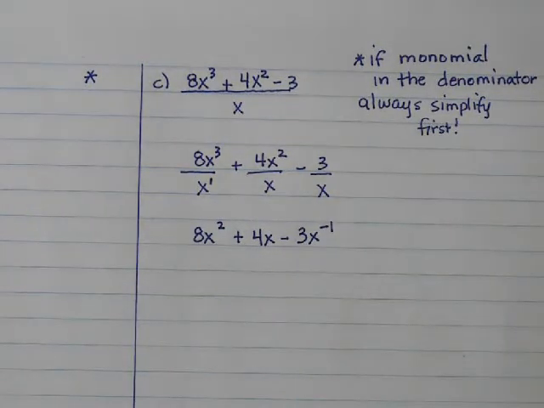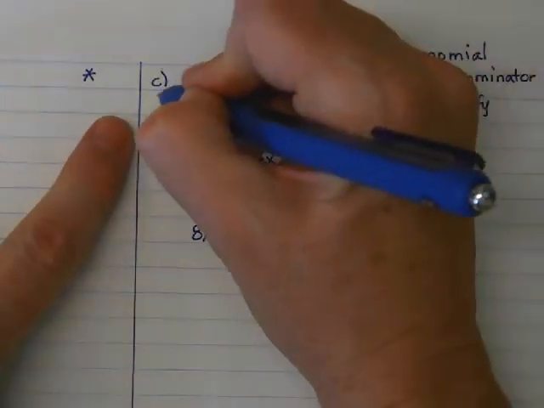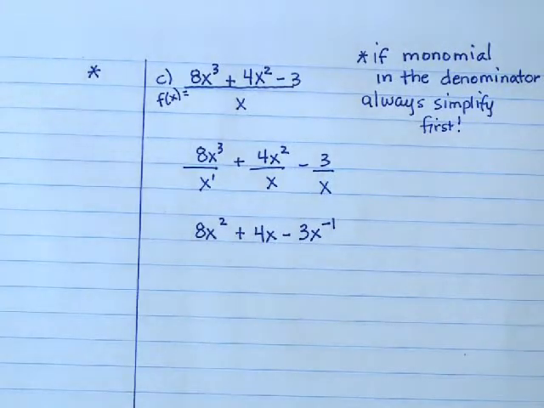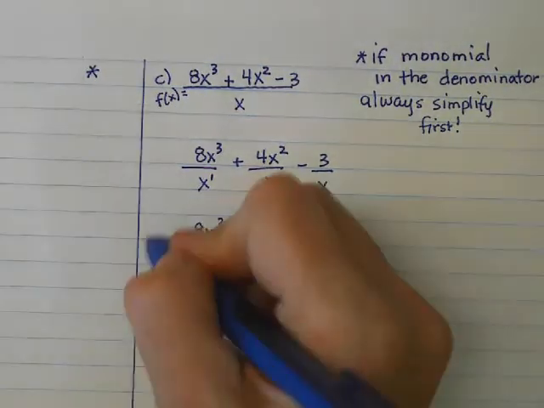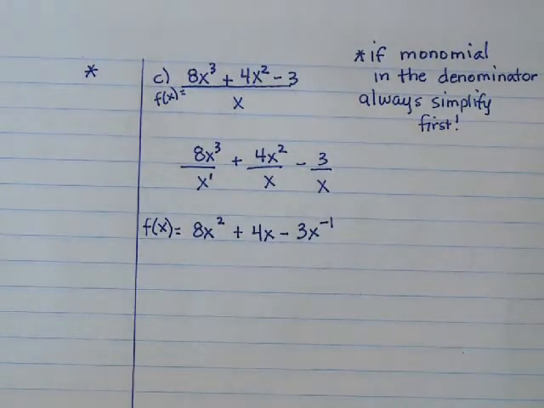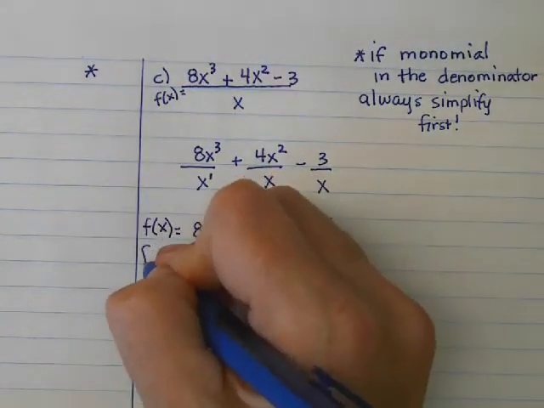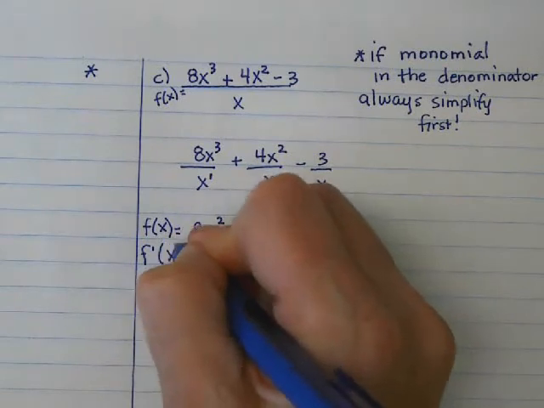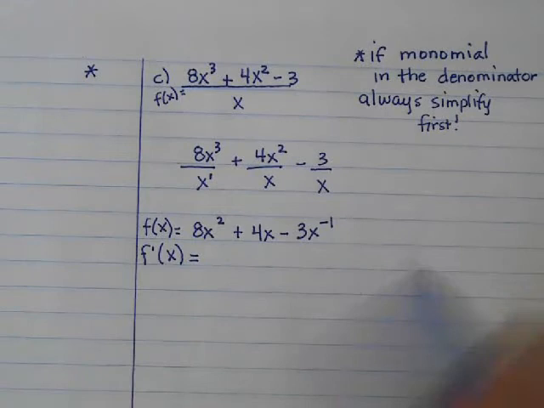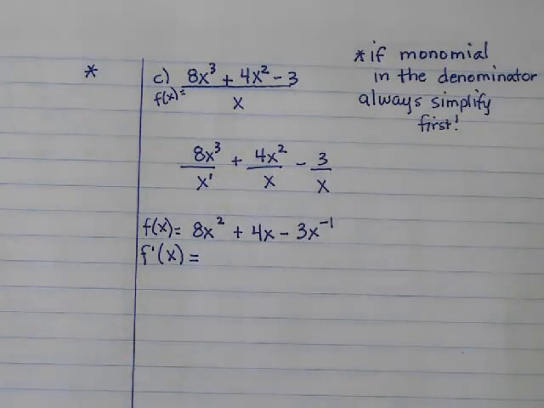Okay, so I haven't done anything. Oops, I probably should have had like an f of x here. Okay, so I haven't done anything to it yet. So this is still f of x. I'm just simplifying. But now that it's in this form, well, actually, you guys try it. Pause the video, try this one, and see if you get it right.